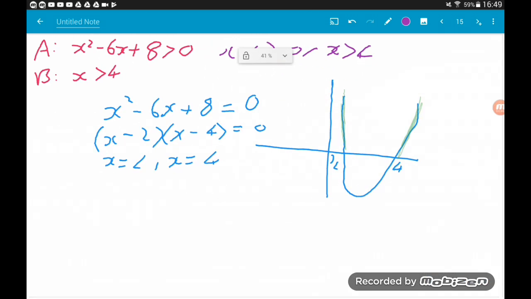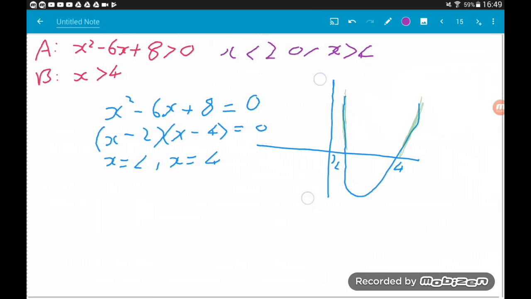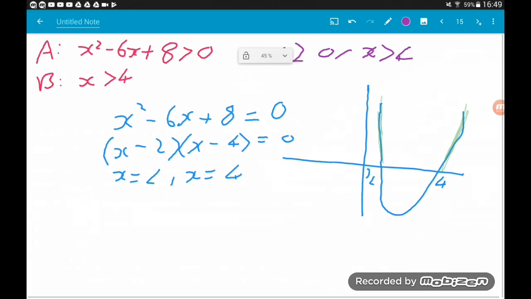So now that we know that, we can now sort out our equivalence. So if x can be less than 2 or greater than 4, does that imply x is greater than 4? No, because x can be less than 2.